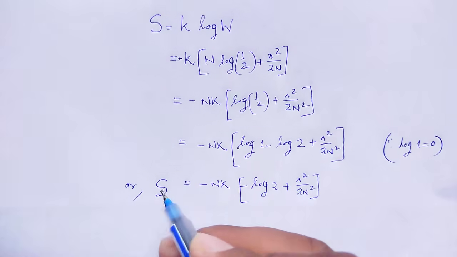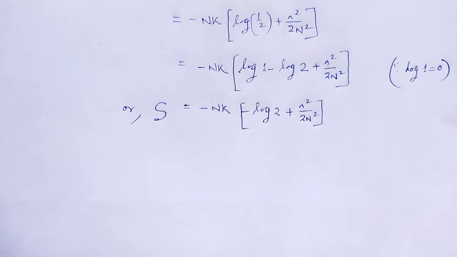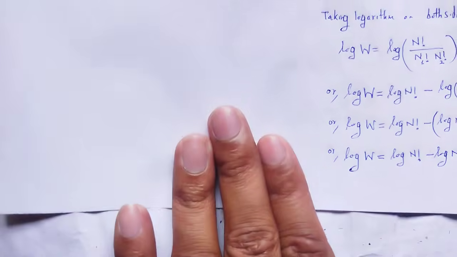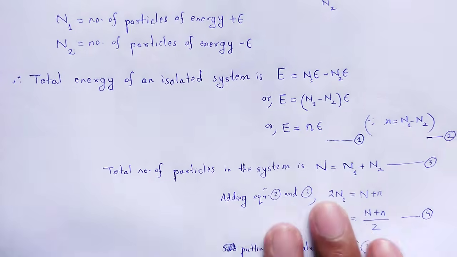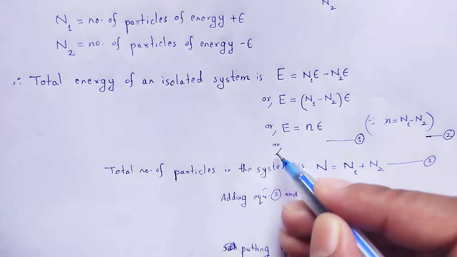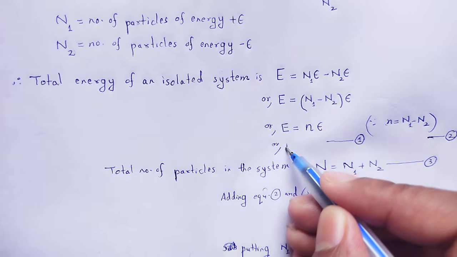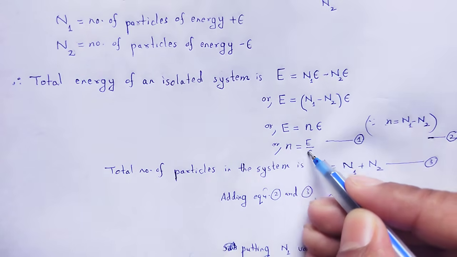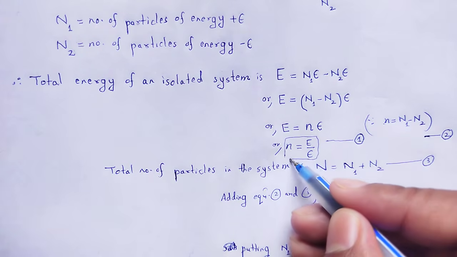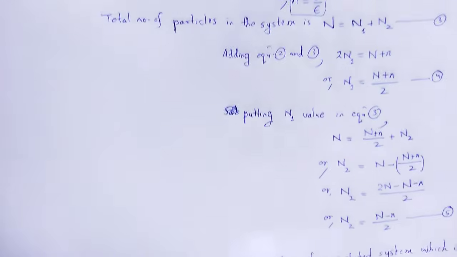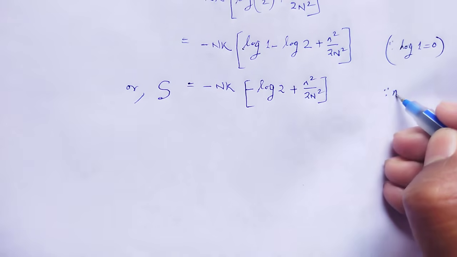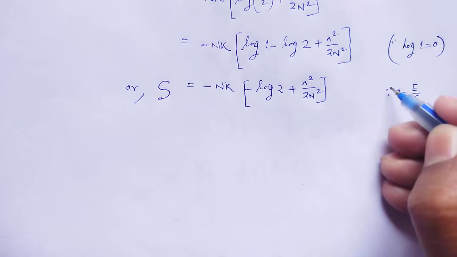This is the expression for entropy. See here, as we taken E is equal to n into epsilon, or we can further write n is equal to E by epsilon. N is equal to E by epsilon. That substitution we can use here. In place of N, we write E by epsilon.